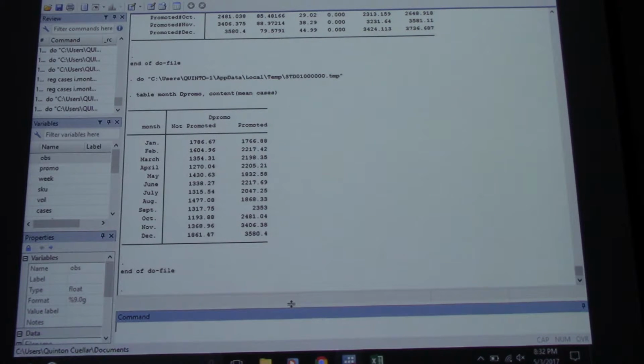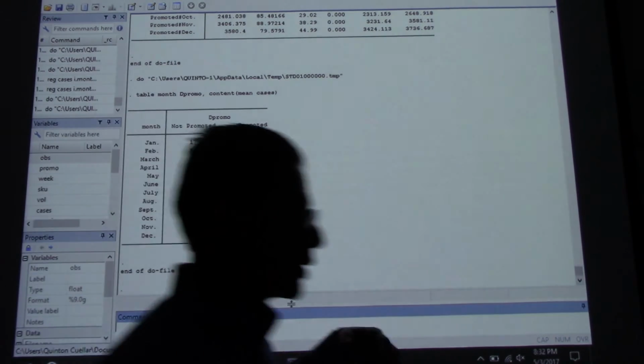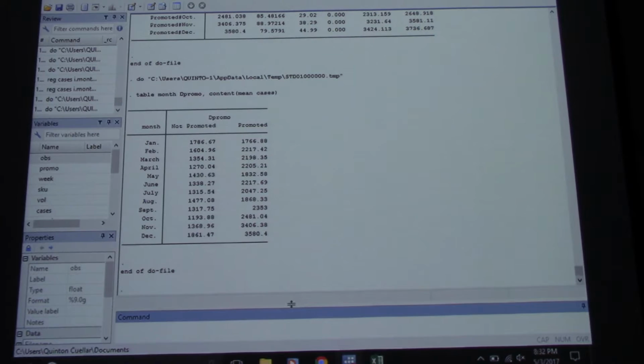So what do we do? Well, you use theory. If all these promotions are accompanied by price changes, then we should include price in our analysis. Everything we've done so far is how it's usually done. The problem is it's wrong.